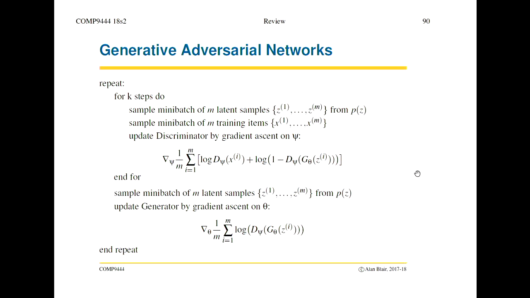And then again, as I said, it's possible you could use the same latent variables that you had from above, but it actually gives slightly better results if you sample a new set of latent variables and then you feed those to the generator. That produces images, which you then feed to the discriminator.